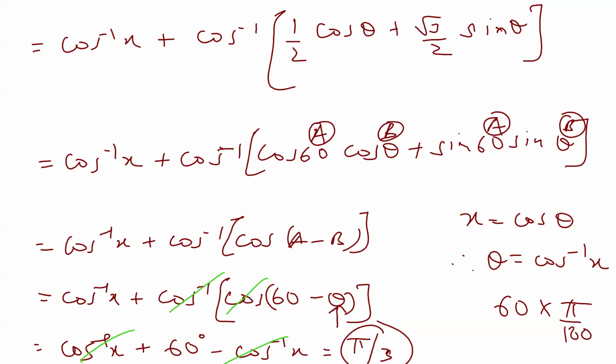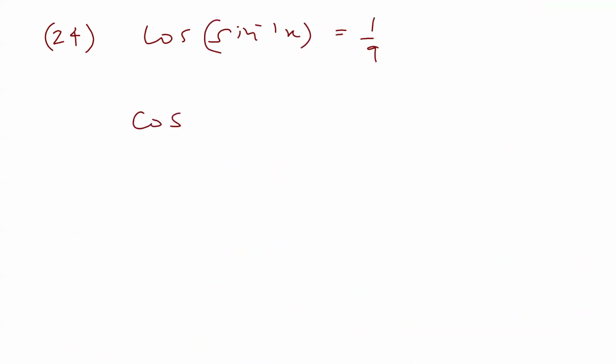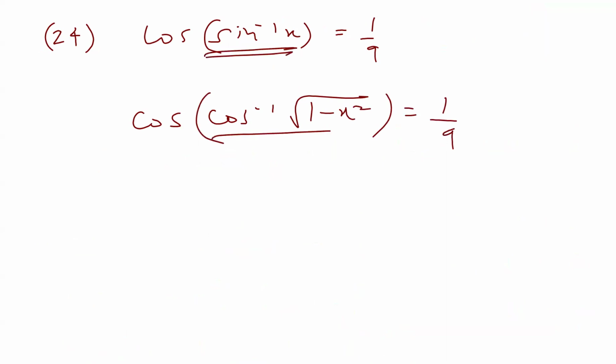Let us go to question number 24. Cos of sine inverse x is equal to 1 by 9. Need to find out the value of x. So this is cos of cos inverse root 1 minus x square, since sine inverse x is cos inverse of root 1 minus x square.